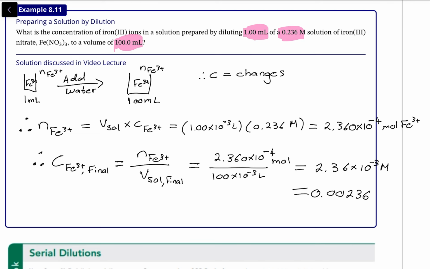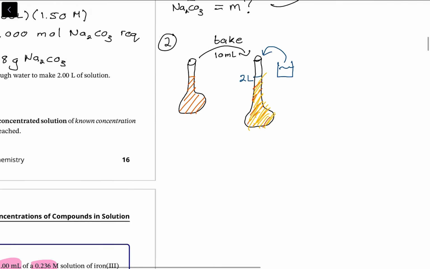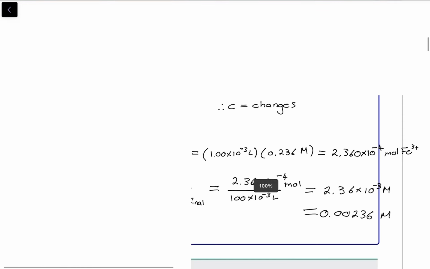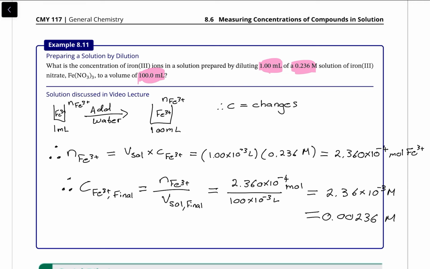If you were to divide 0.236 by 100, do you notice that your concentration decreased by 100-fold? And that is exactly the effect of this. So that would be 100-fold dilution. Or maybe if you write it, if you want to make a 1 to 100 dilution. Okay, so that's the idea of diluting a more concentrated solution.